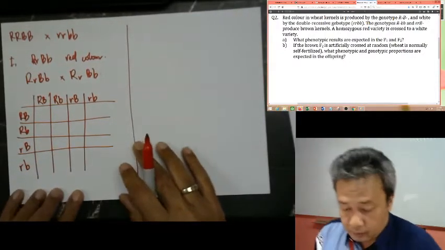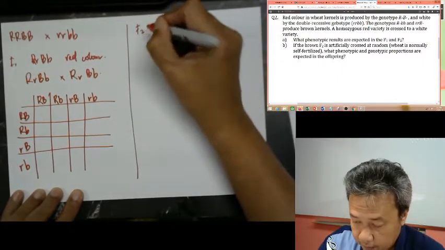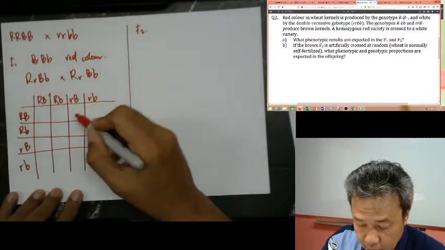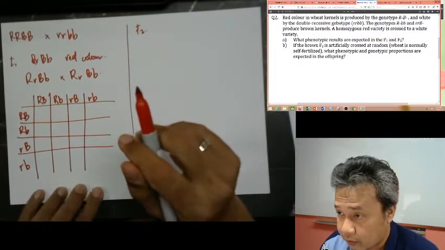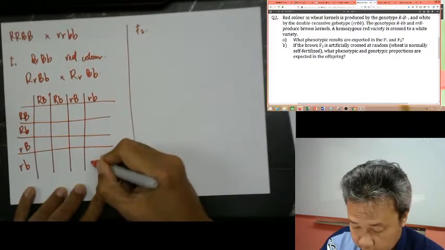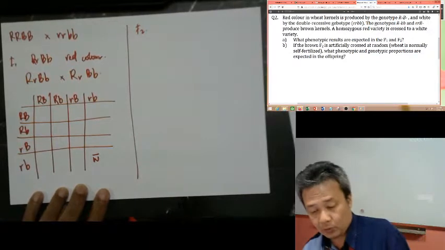So from here, your F2 will be, okay, so small r, small b, this one will give you a white. Right, so that's one, there's only one.